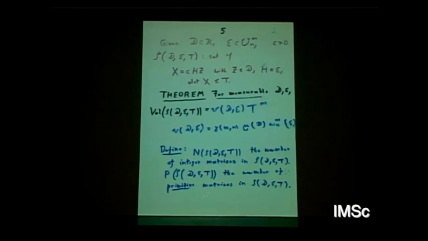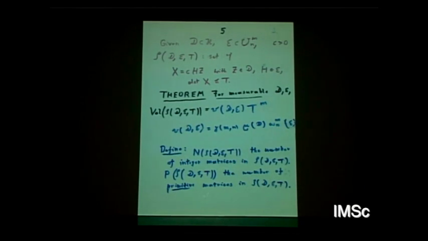Then let S(D, E, T) be the set of all matrices C, H, Z, with Z in this subset D of the upper half plane, H in this set E, and the determinant T. Well, then the following is true. I call this a theorem here. Well, okay, maybe it's not hard enough to be called a theorem, I don't know. Anyway, the volume of this set is some number V(D,E) times T to the m.